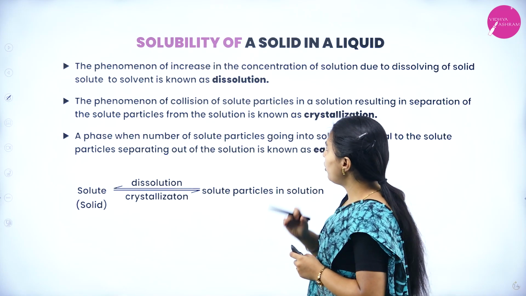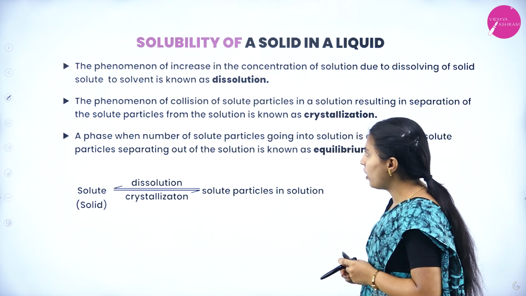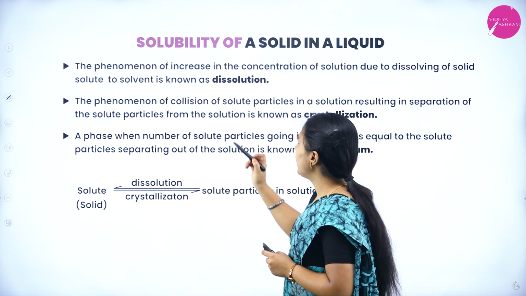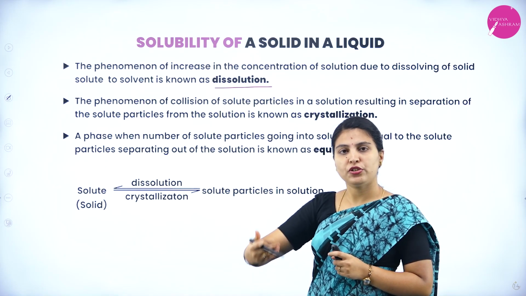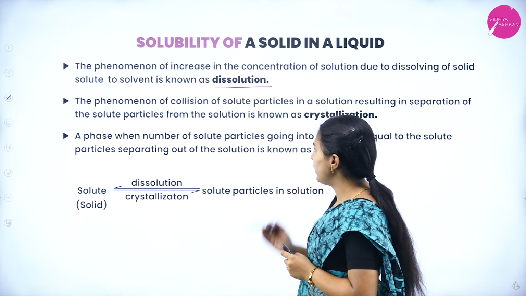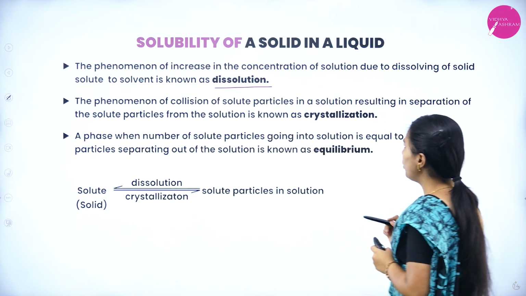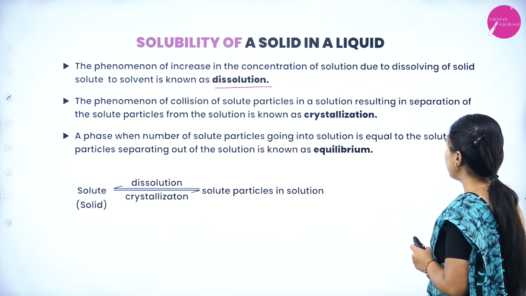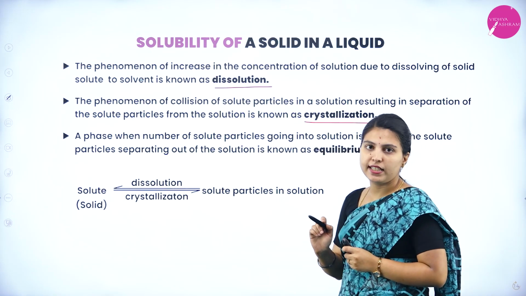So, the phenomenon of the increase in the concentration of solution due to the dissolving of solute in the solvent is called dissolution. The phenomenon of collision of solute particles in a solution, resulting in the separation of solute particles from the solution, is called crystallization.